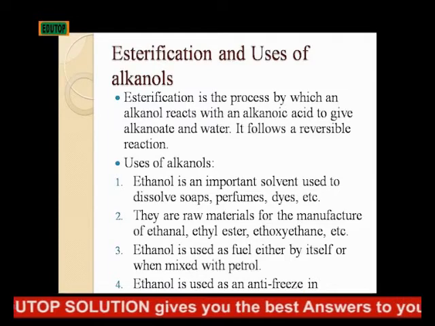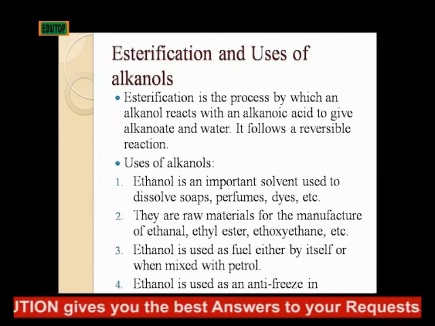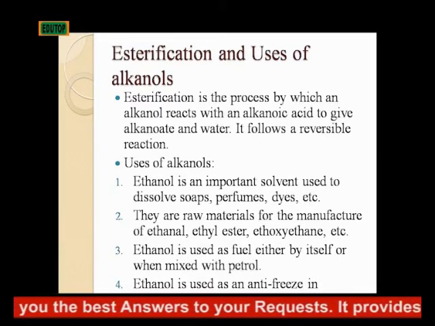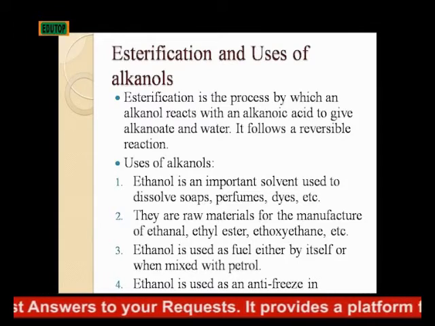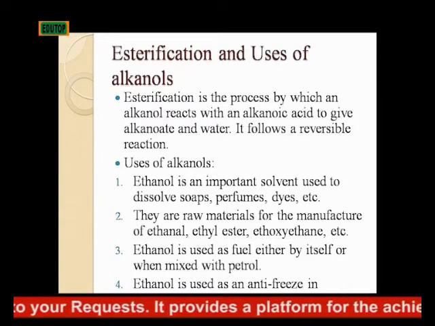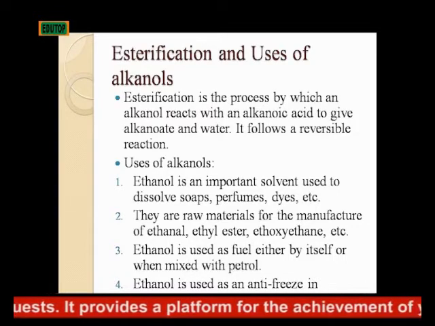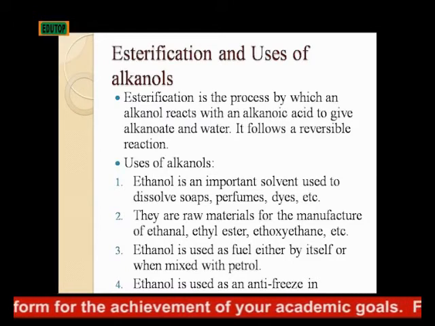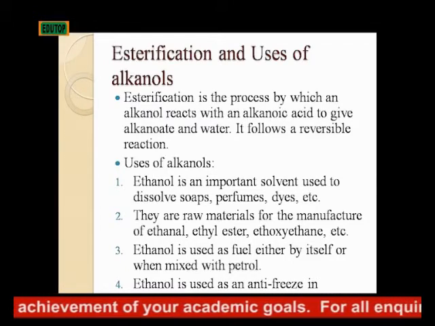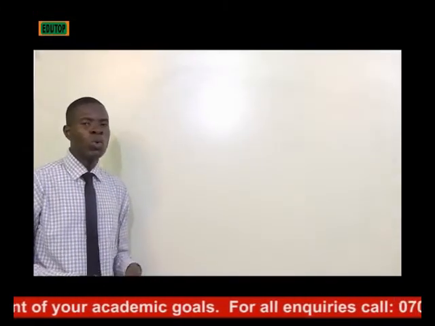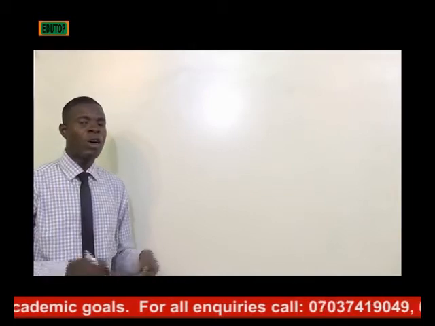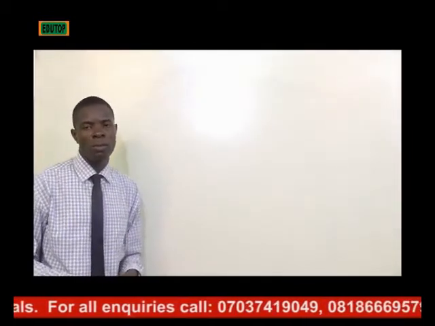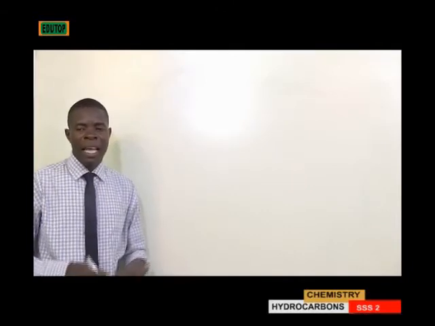They are the raw materials used for the manufacture of ethanoic acid, ethyl ester, ethoxyethane, etc. 3. Ethanol is used as fuel either by itself or when mixed with petrol. 4. Ethanol is used as an antifreeze in automobile radiators. 5. Ethanol is present in many alcoholic beverages.